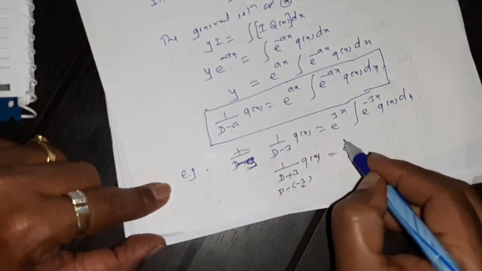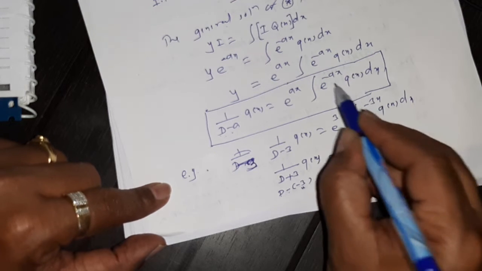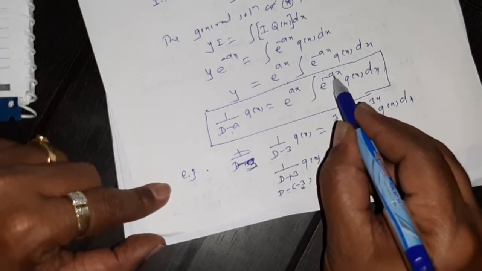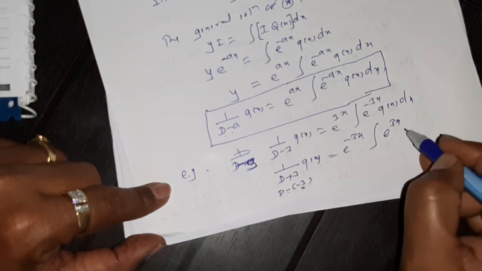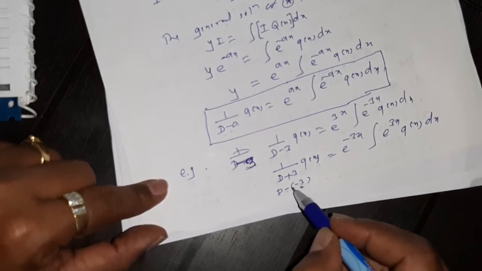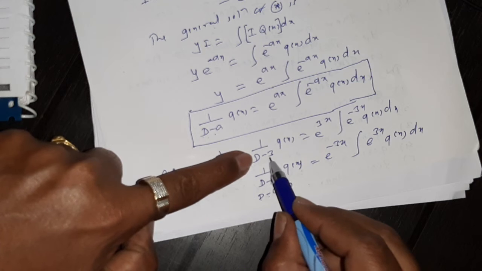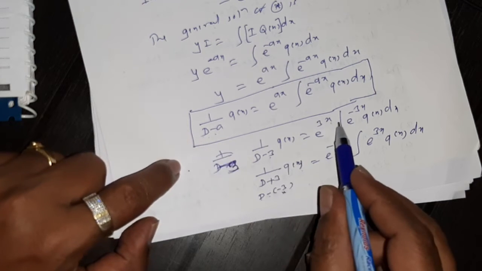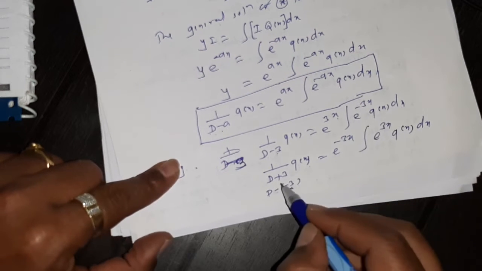So write here a as minus 3. So what do we have? e raised to minus 3x integration e raised to, already this a is minus 3, so this becomes e raised to plus 3x Q(x) dx. So this is by using this rule. If we have D minus 3 at this place, then write e raised to 3x integration e raised to minus 3x Q(x) dx.